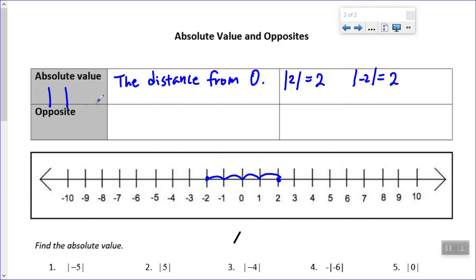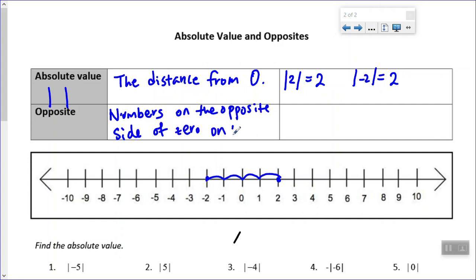And what is opposite? Opposite is numbers on the opposite side of 0 on the number line.